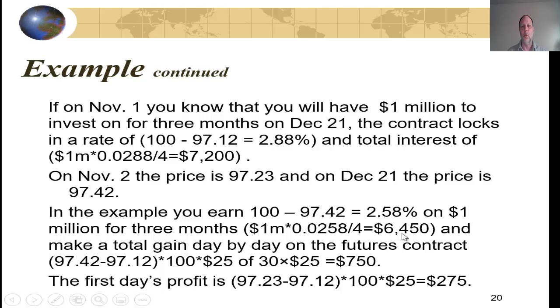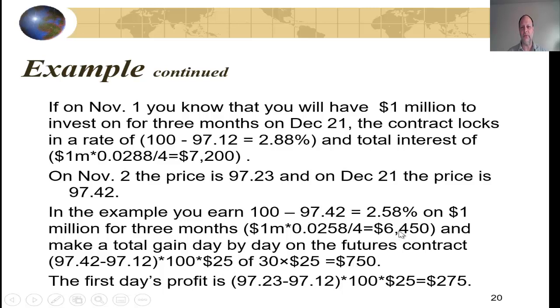$6,450. We're going to make up for the difference between the 7,200 and the 6,450 by the daily marking to market process on the Eurodollar futures contract. So during this time period, as the contract price changes from 97.12 to 97.42 at the end of the contract, we will make the difference between these two times 100 times 25, or 30 times 25, or $750.